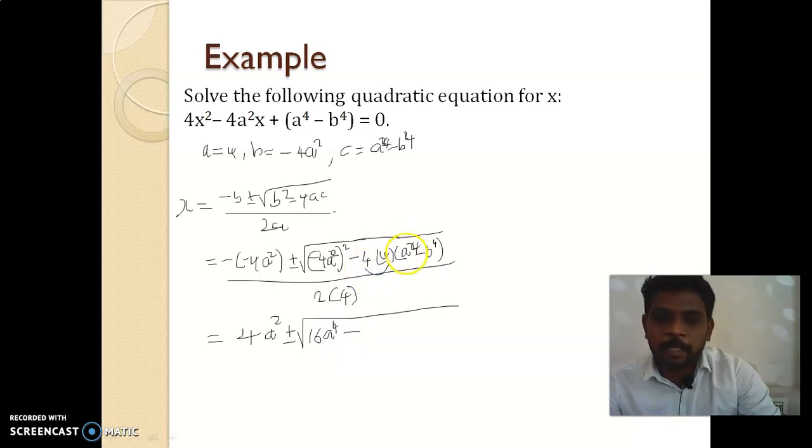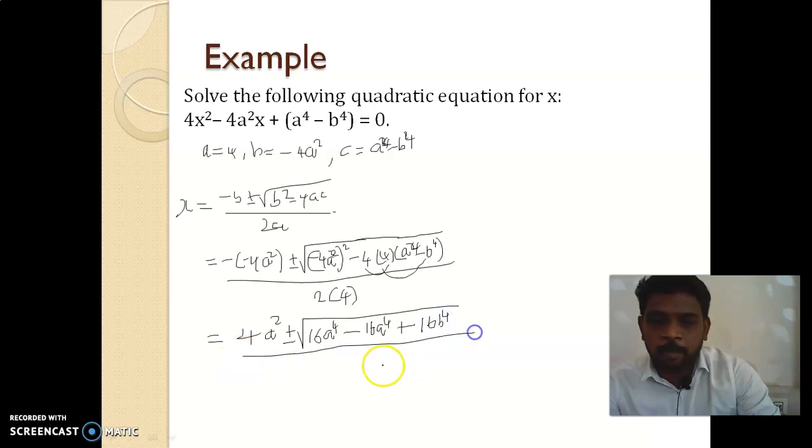So multiply 16 inside the bracket: 16a power 4, and here minus into minus plus 16b power 4, and whole divided by 4 2s are 8.